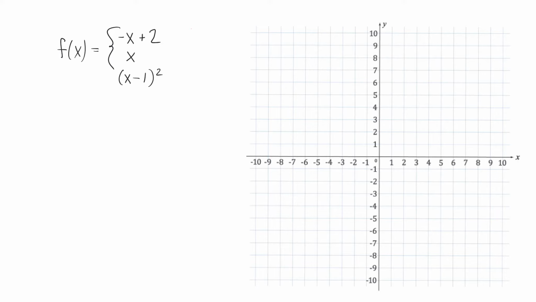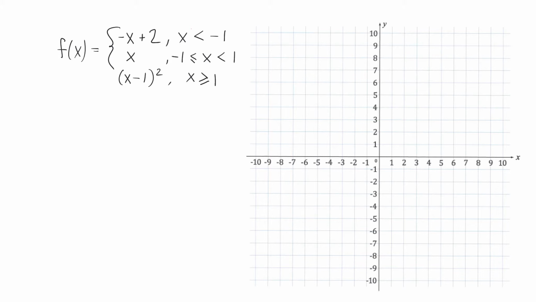All right, negative x plus 2 is happening when x is less than negative 1. x is occurring between negative 1 and 1. And x minus 1 squared is happening when x is greater than or equal to 1. Oh, I'm sorry, I missed a, or equal to 1.